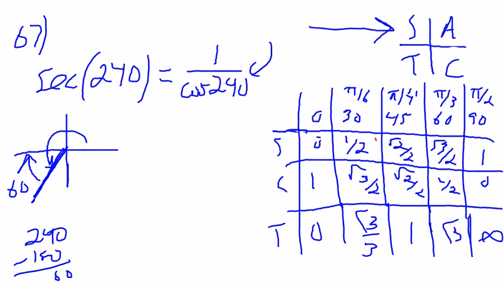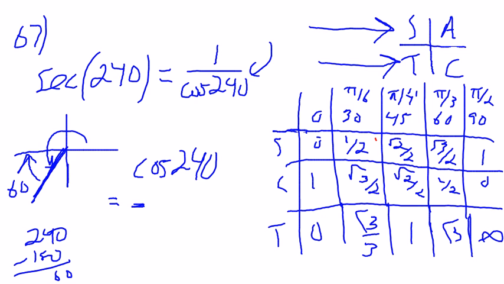From there, I'm just going to write out the work for cosine of 240. It's equal to, well, tan is the only one that's positive there, so I know that's negative.